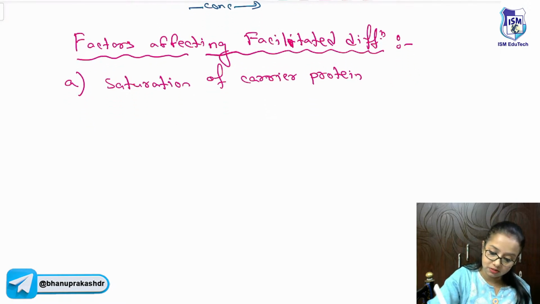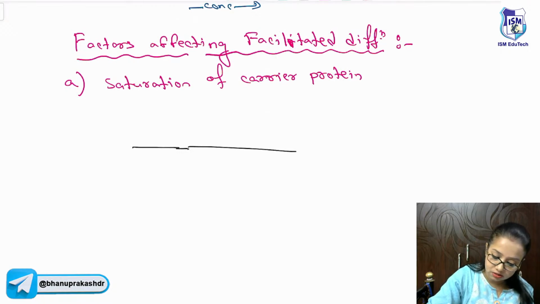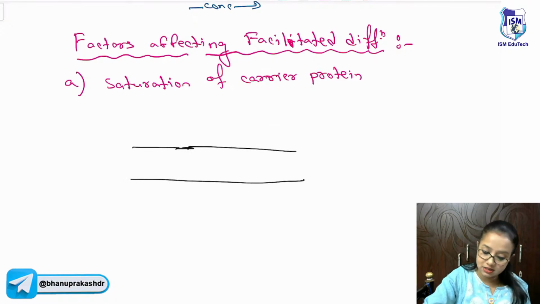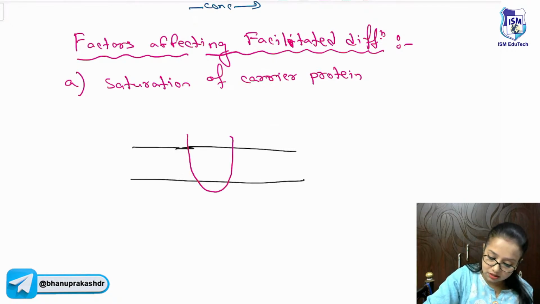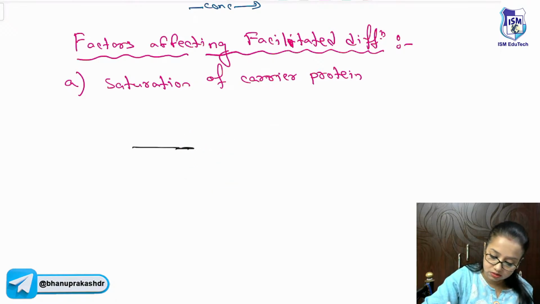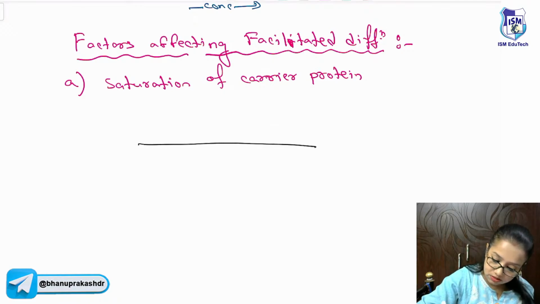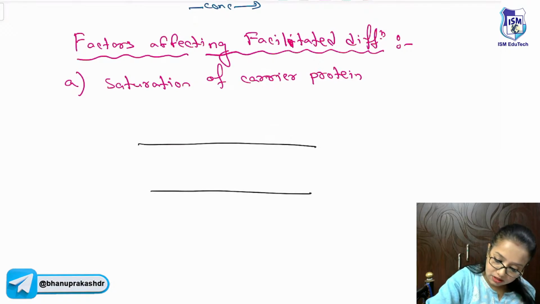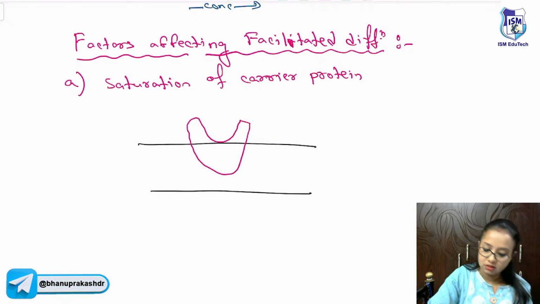Say, for example, if we draw out the cell membrane, and just for our understanding, let this be the carrier protein GLUT2, drawn in a simplified way.